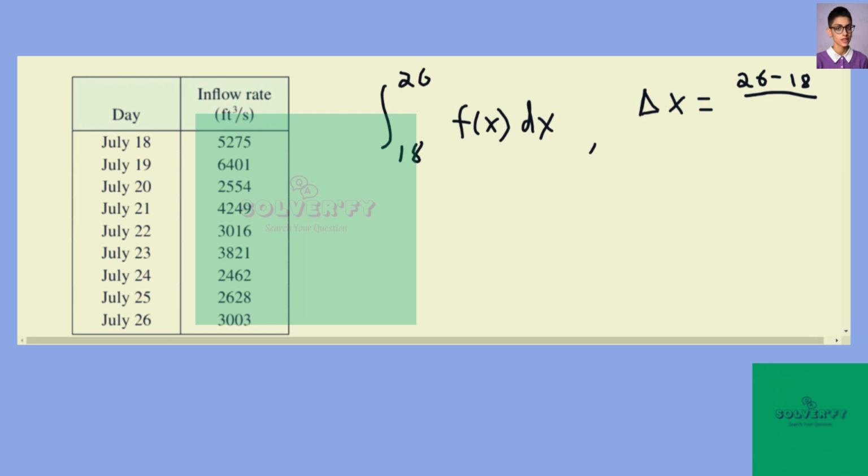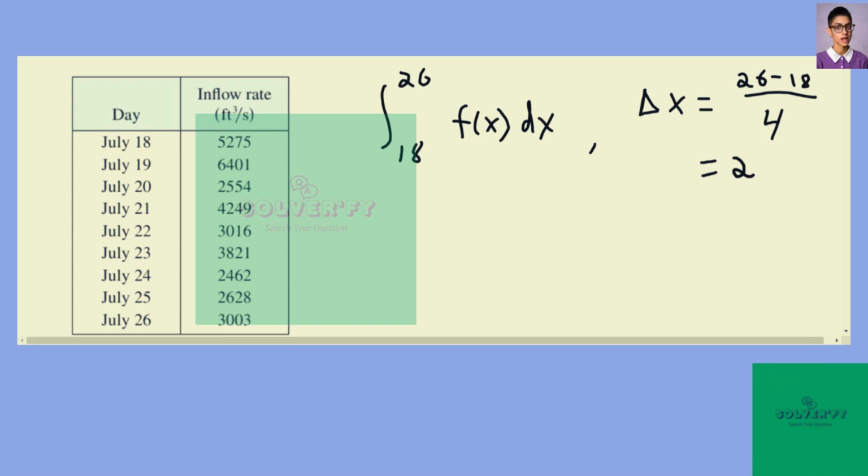If we divide the interval into 4 subintervals, we write a 4 here for our n. We'll have 26 minus 18 is 8, 8 divided by 4 equals 2. So our change in x is 2.